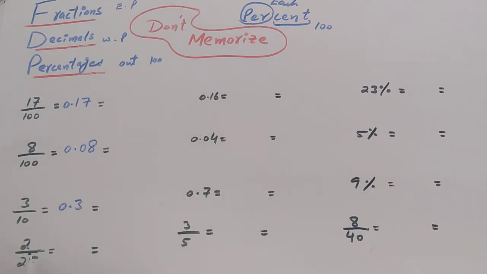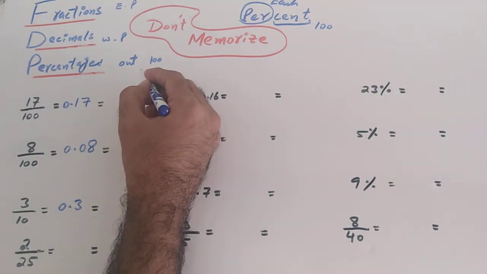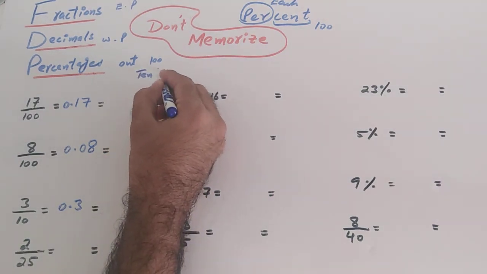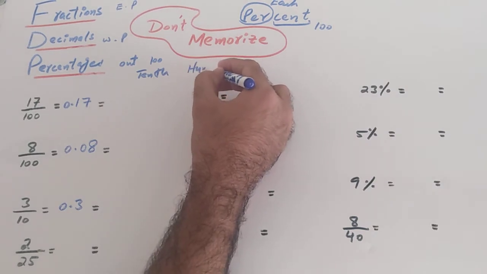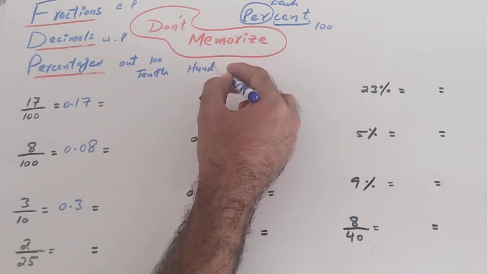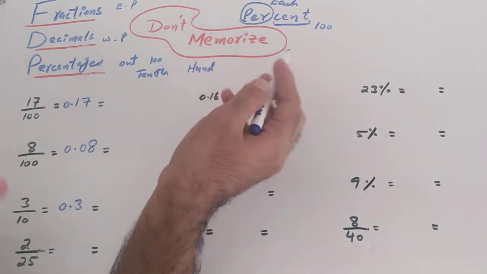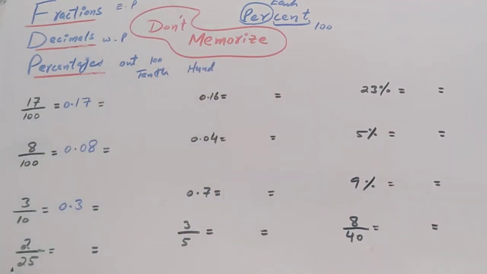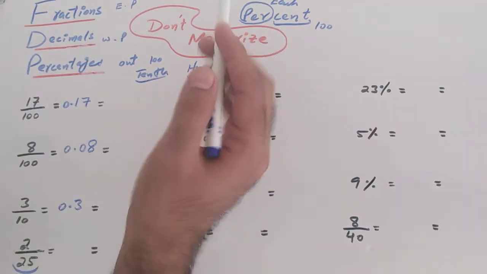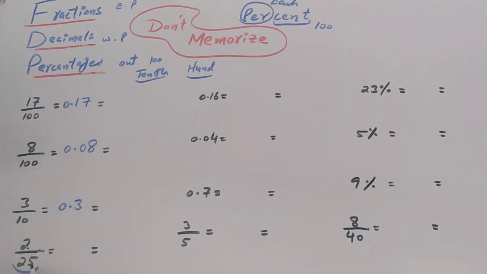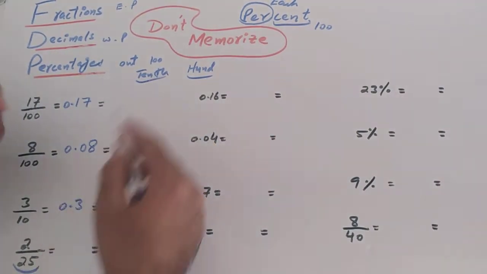And the next one says 2/25. In decimals, the tenths place means anything out of 10, the hundredths place means anything out of 100, then the thousandths place, and it goes on. There is no 25ths place. So you have to check how to convert this to get tenths, hundredths or thousandths. 25 is bigger than 10, so it cannot be tenths.